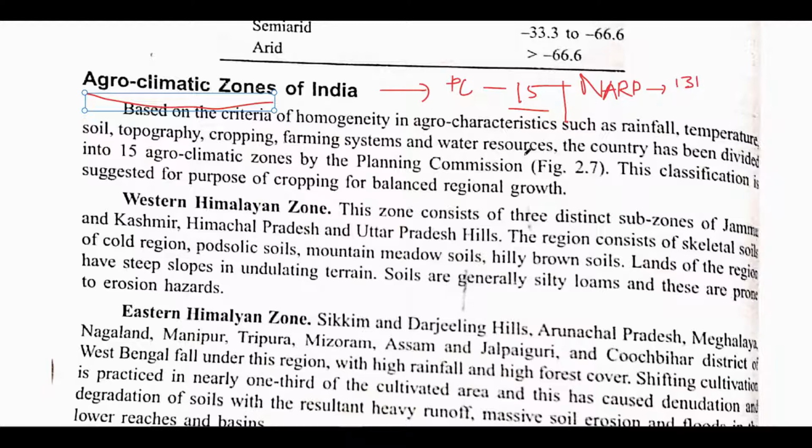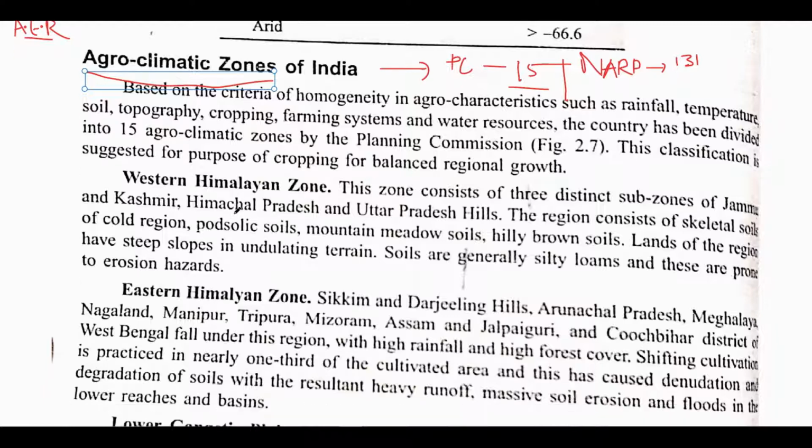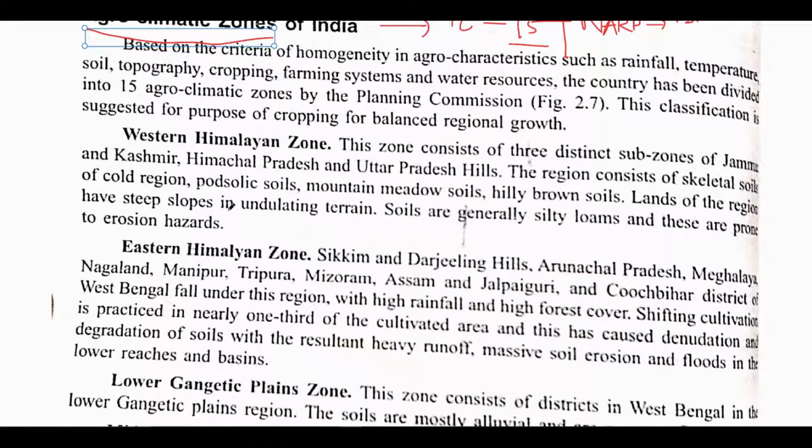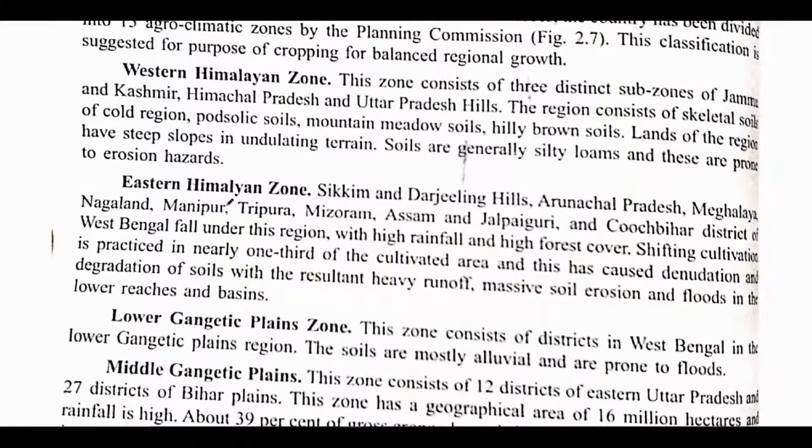The other confusing term is agroecological regions. See, NBSS&LUP has classified India into 20 agroecological regions, whereas ICAR has classified into 8 agroecological regions. So do not confuse between agroclimatic zones and agroecological zones.